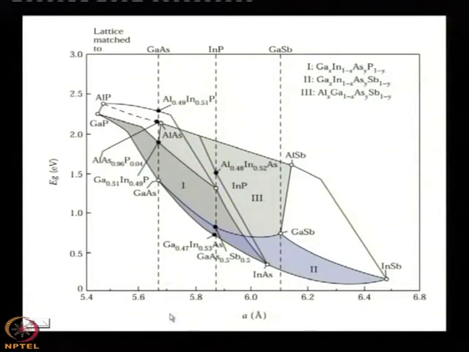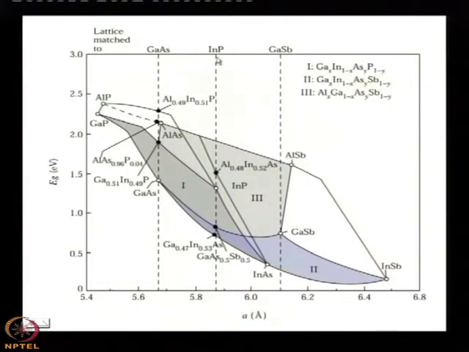That means the gallium arsenide lattice constant is fixed. This is the lattice constant for gallium arsenide, about 5.64 angstrom, this line. Throughout this line the lattice constant of gallium arsenide is constant. Similarly, indium phosphide lattice constant is not 5.87, it is 5.85. So, 5.87, right, this line.